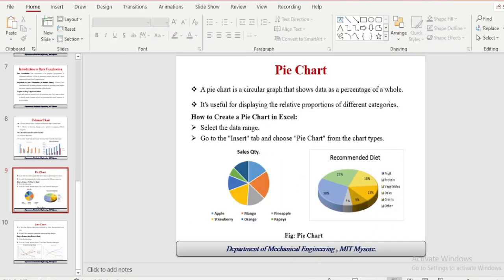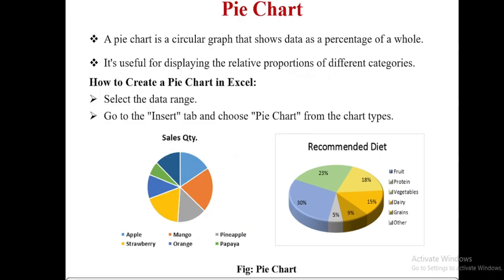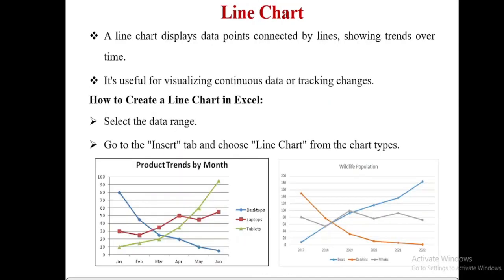Now, the other type of chart that we need to learn is called a line chart. The line chart displays data points connected by lines, showing trends over time. Over a period of months, we have taken an example of how many desktops, laptops and tablets have been sold. If I want to visualize the data in hard copy, it becomes very difficult.